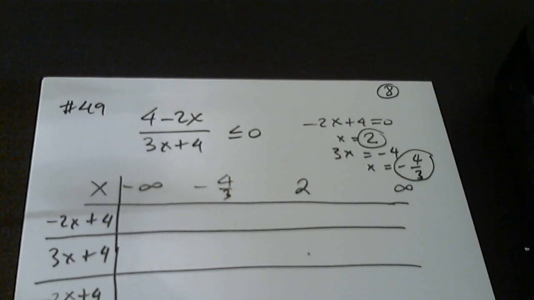What happens to the fraction when x is negative 4/3? 0? Careful, I didn't say when x is 2. When x is 2, the fraction is 0. But when x is negative 4/3, the fraction is how much?